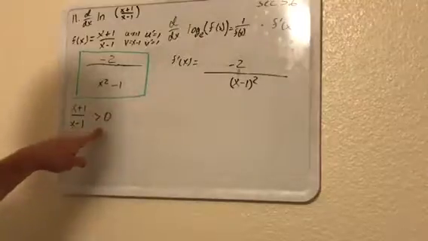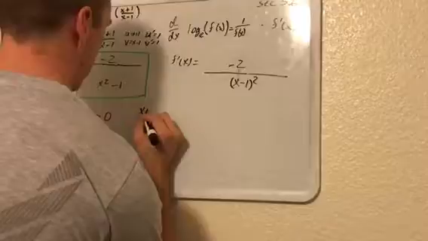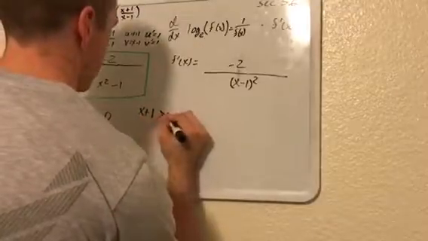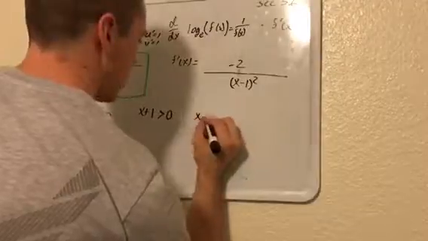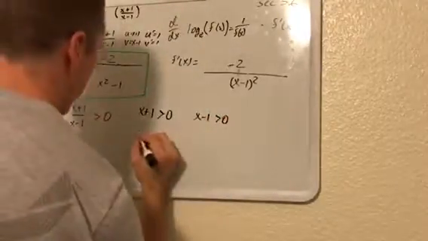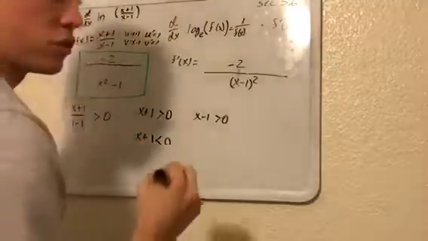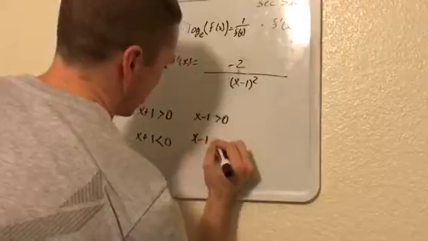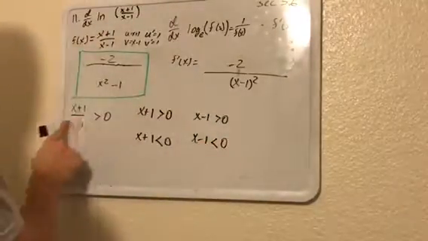So we'll make this into a piecewise function. So that'll be that x plus 1 is greater than 0, assuming that x minus 1 is greater than 0. And you'll say that x plus 1 is less than 0 if you assume that x minus 1 is less than 0.